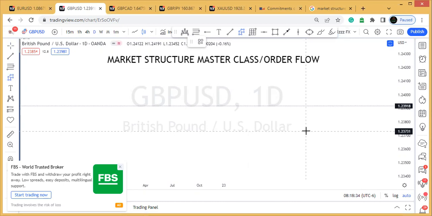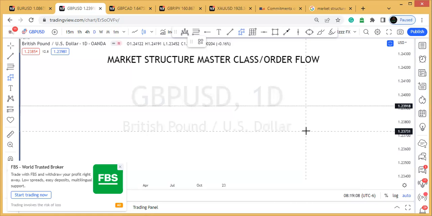So let's get right into today's topic, which is going to be Market Structure Masterclass, also known as order flow. That's what we are going to be talking about today. So what is market structure? Market structure is simply price action pattern in a market, or price action behavior in the market. When the market is said to be bullish, there is what we expect to be seen in order to determine whether a market is bullish or bearish.